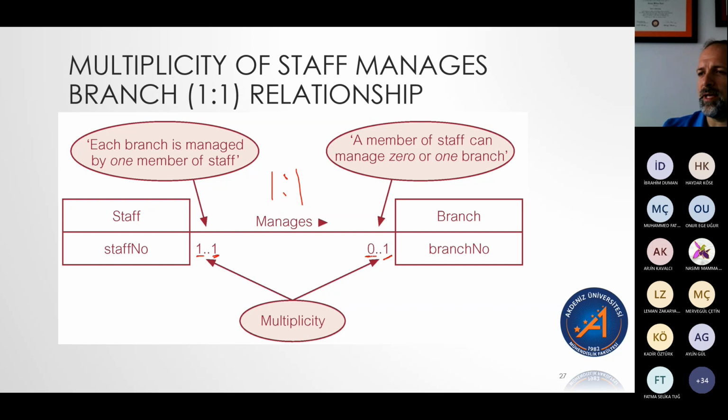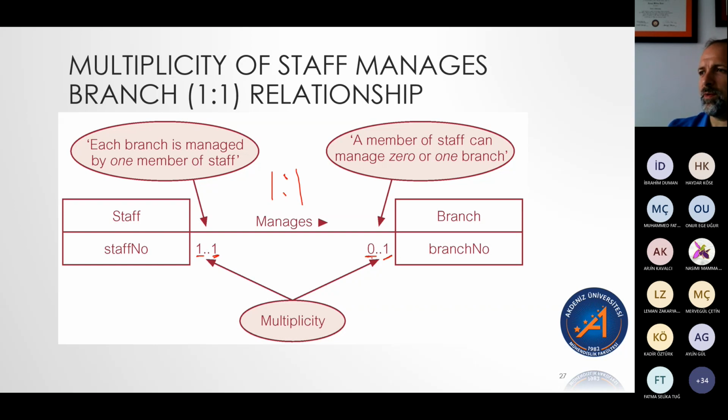The 0 says that staff does not require a branch. So staff does not have to manage a branch. So if a staff person exists, they can manage 0 or 1 branches. They can manage a branch, but they don't have to.